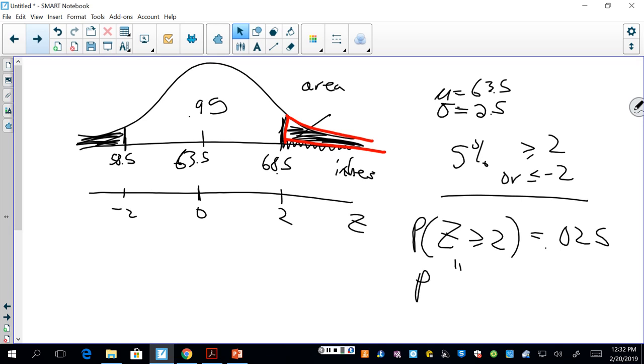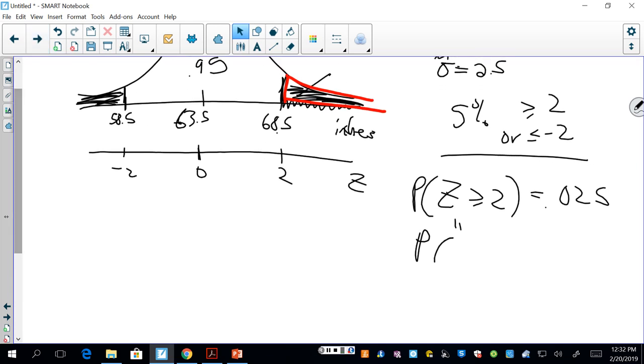This is going to be the same answer as the probability, in terms of the actual heights, of being greater than or equal to 68.5. So that's the nature of getting some probabilities within this, right? 2 is a special value because it has this. But really we can do this with any other value we want, based on using the more detailed tables.